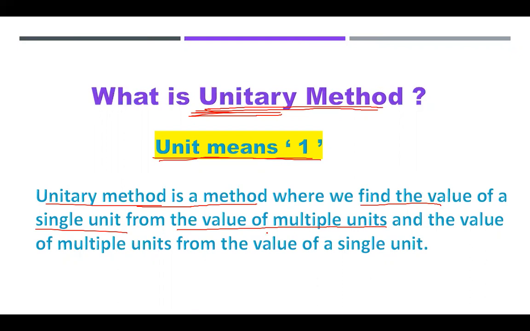It means that if you have many things and you are finding for the single unit, then unitary method helps a lot. And also the value of multiple units from the value of a single unit, or you can find the value of many things from the one thing. So unitary method helps you there a lot.